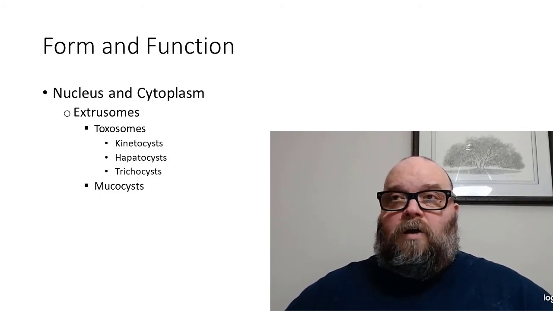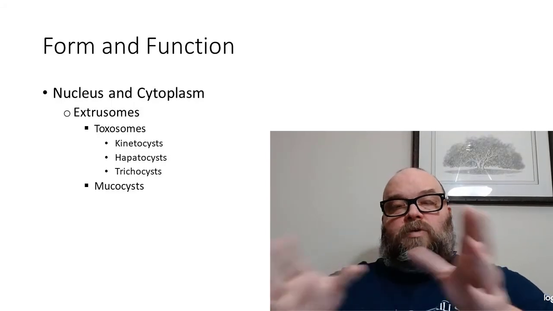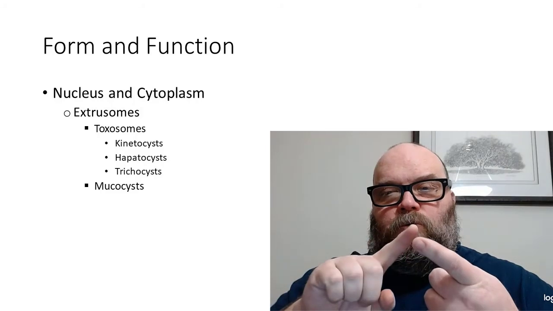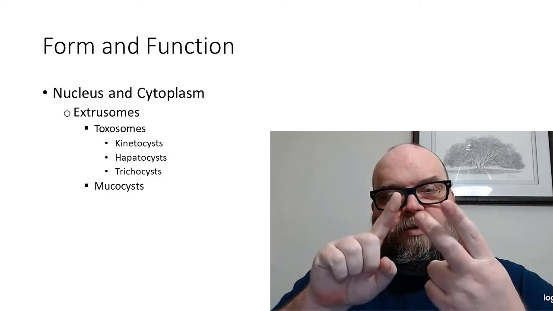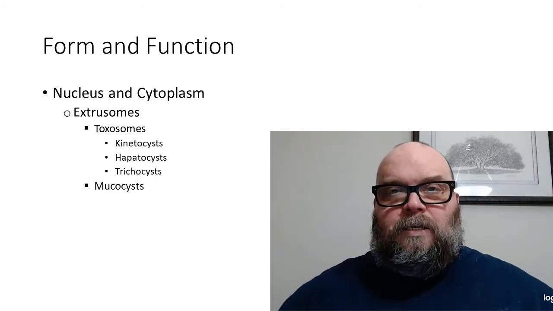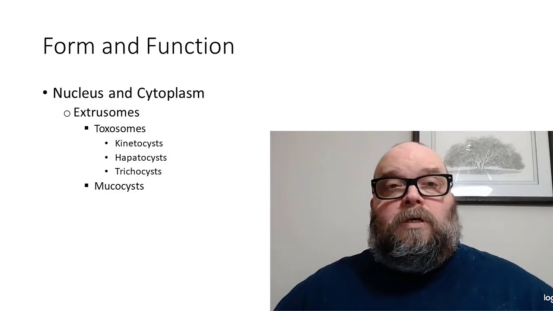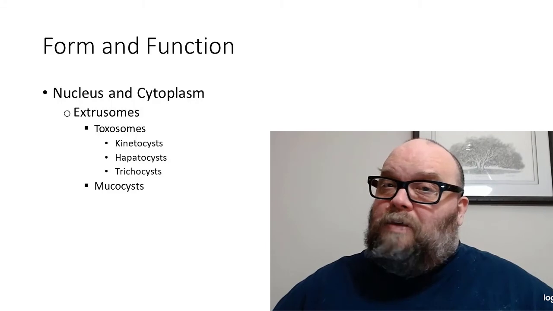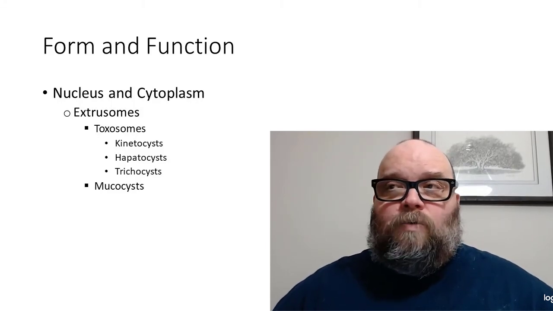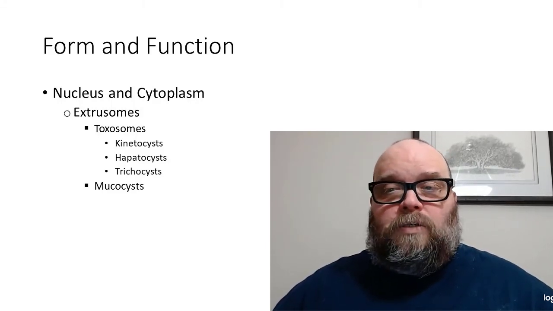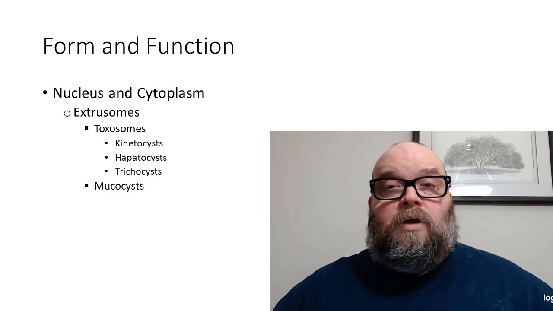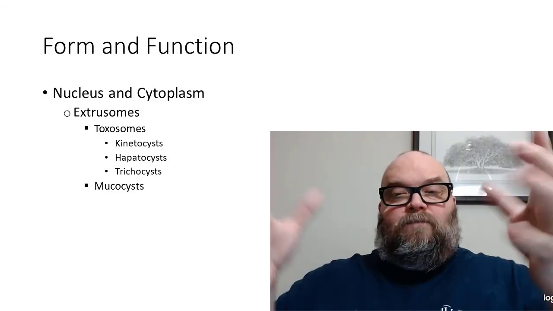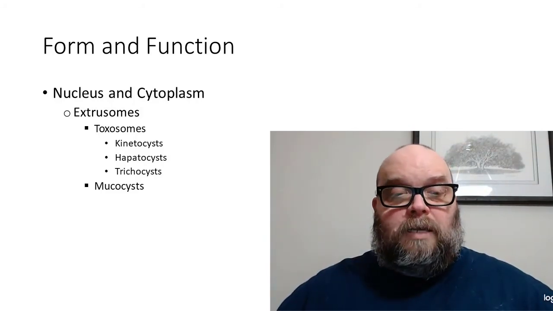Their jobs are for being extruded out under certain conditions to fight off predators, to immobilize prey, because remember, for many of these single-cell organisms, anything smaller than them is prey, so they would go and eat other protists. So you have to be able to immobilize them long enough to get a hold and then phagocytize, pull them in.